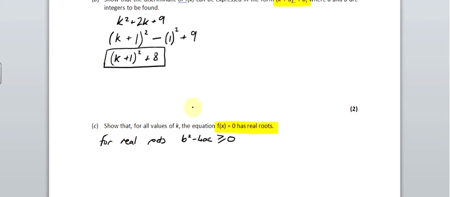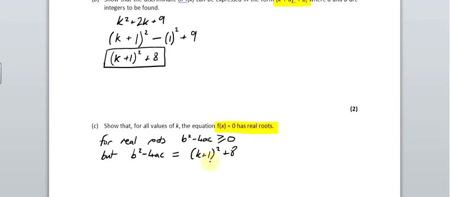But the discriminant b squared minus 4ac is actually equal to this thing here, k plus 1 squared plus 8.